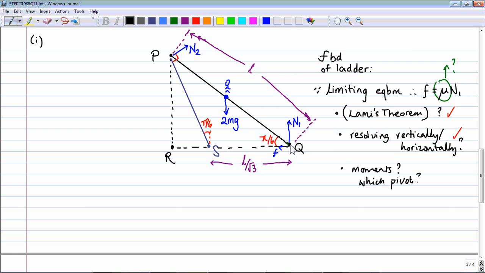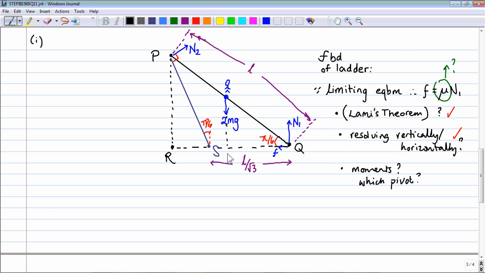If we take the point Q, then both N1 and F will have 0 moment. It will be easy to calculate the moment due to 2mg, because the perpendicular distance will, if I just draw a dotted line here. Did I give that point a name?